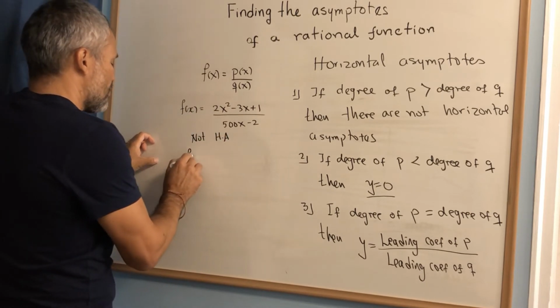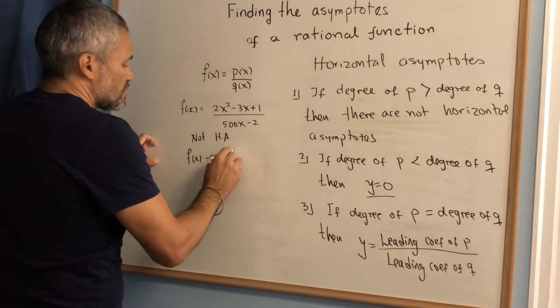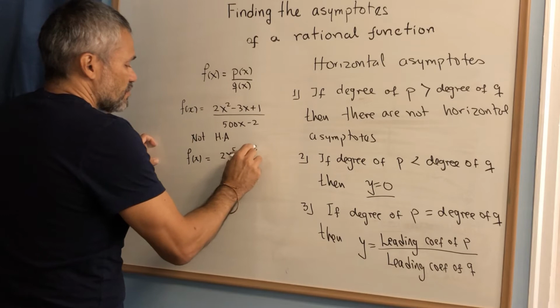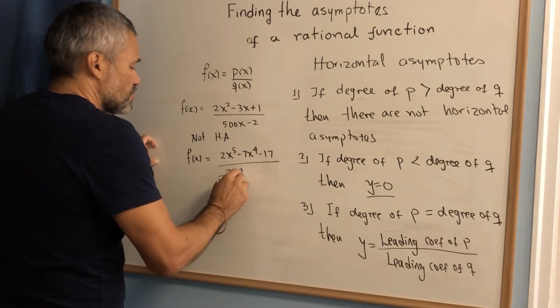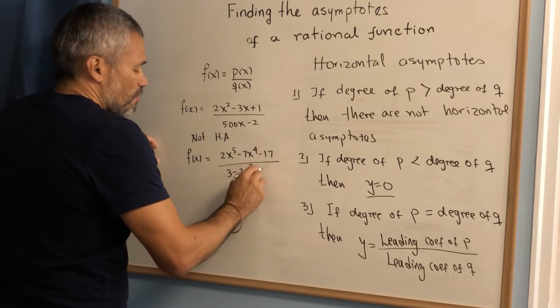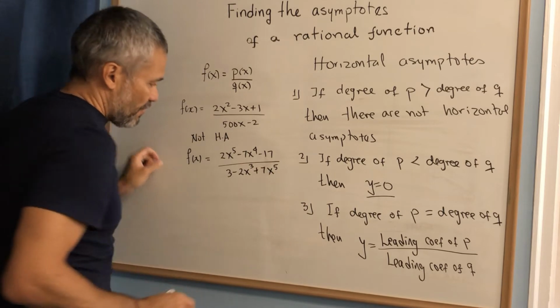Let's do another example. If f of x equals (2x to the 5th minus 7x to the 4th minus 17) over (3 minus 2x cubed plus 7x to the 5th).